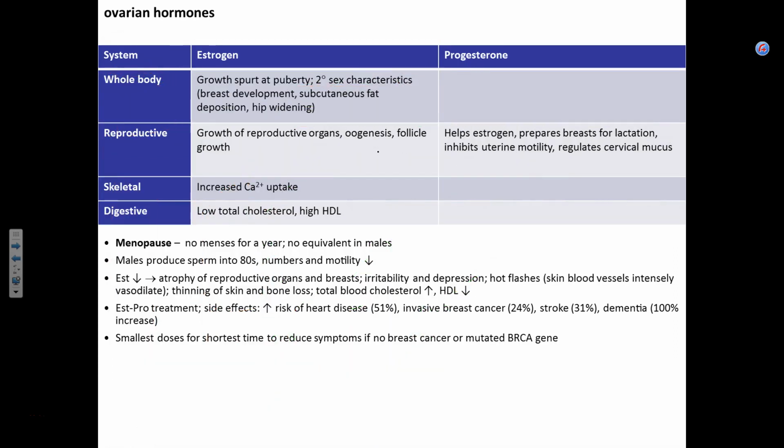Now a few words about these hormones. Estrogen has a massive effect on the body, as you know. It is responsible for the development of the secondary sex characteristics and the growth spurt.